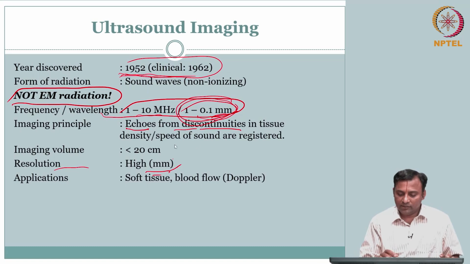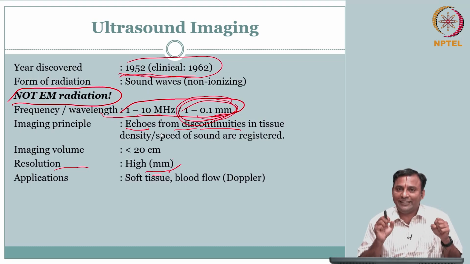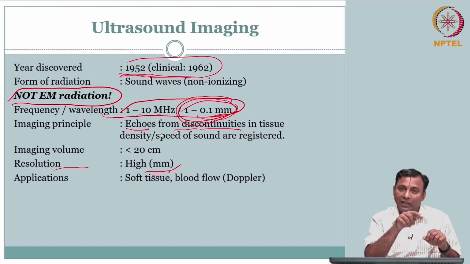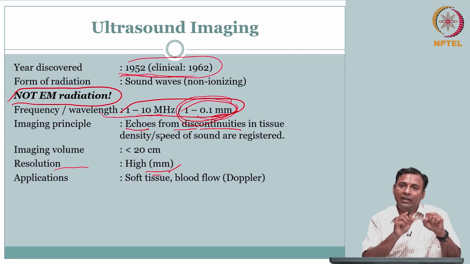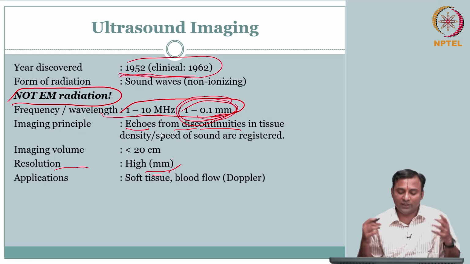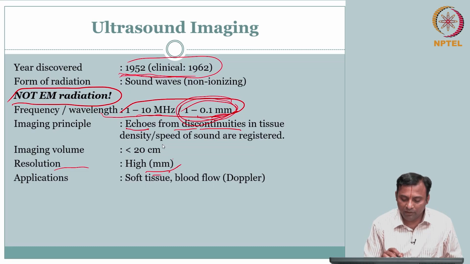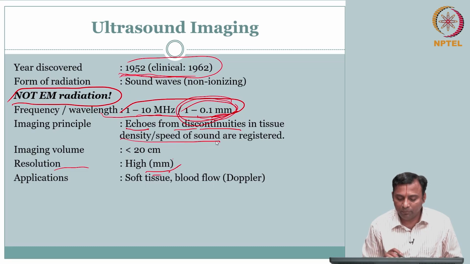The idea is you catch hold of these echoes and say, this echo came from that location. That location's property, how much it reflects the acoustic pressure, is a property of the material. How it is distributed is what you are seeing. We will go into the details of that, but just for your appreciation, what we call the acoustic properties of the material is what we are going to go after.